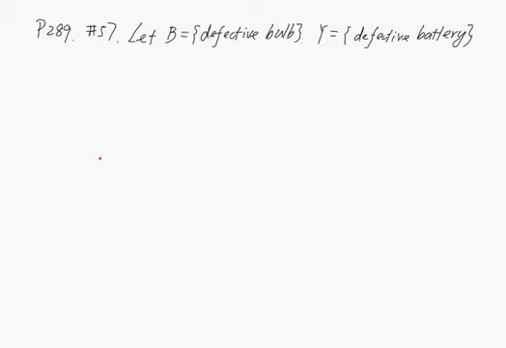So B is the event that you get a defective bulb, and Y is the event that you get a defective battery.